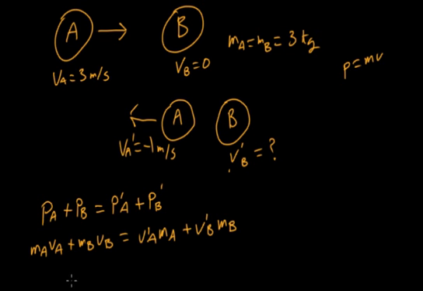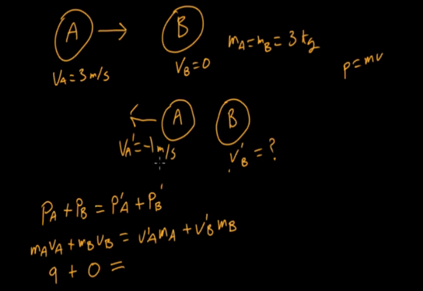Let's clean this up a little bit. I'm going to break my own rule and plug the numbers in first, just because this is ugly. MA times VA, well, our velocity of A at the beginning is 3. Our mass was 3, so that sum is 9, plus mass of B times velocity of B. Well, velocity of B was 0, so B had no momentum before the impact.